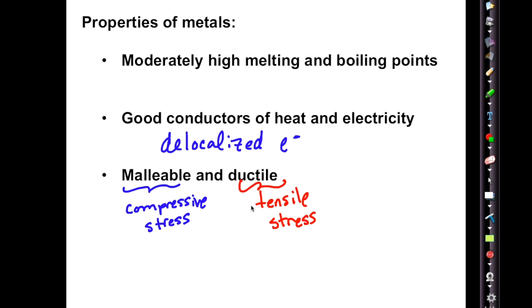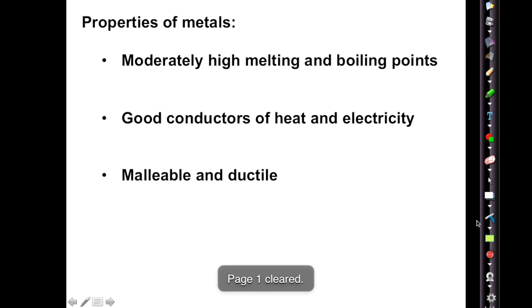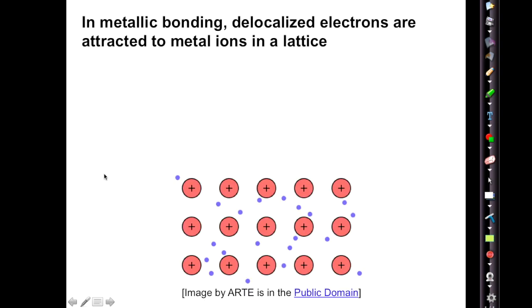Just one other thing to think about here before we go on and talk about alloys, when we're looking at properties of metal. We do see as a general statement that as the number of delocalized electrons in a metal increases, so does the strength of the metal. So we should probably write that down here.